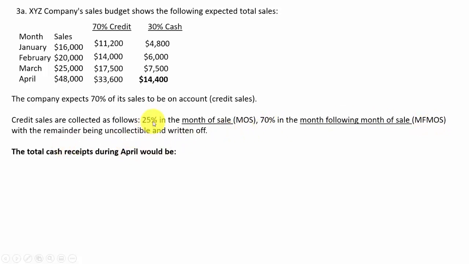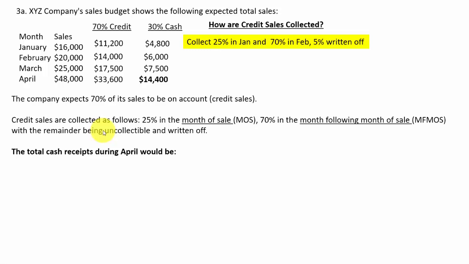So 25% in the month of sale and 70% in the month following sale would be 95% of those credit sales, so 5% are not going to be collected. Let's put that in there. For January, our credit sales are expected to be $11,200. We'll collect 25% of that number in January, 70% in February, and 5% we'll write off.